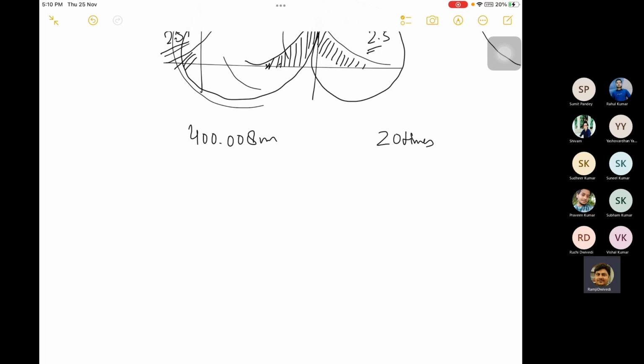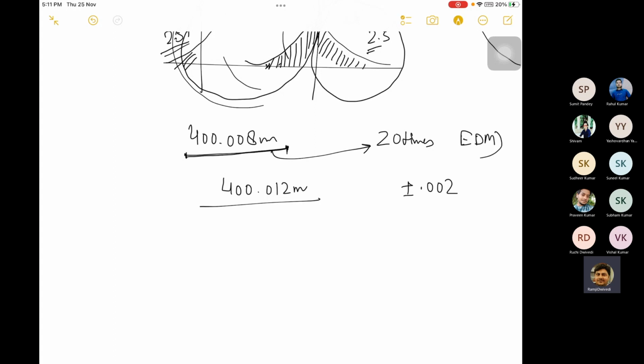The average of the 20 observed distances, properly reduced, is given with a standard deviation. So one calibrated distance is measured 20 times by an EDM instrument, and its mean is found as this one with a standard deviation of this one.